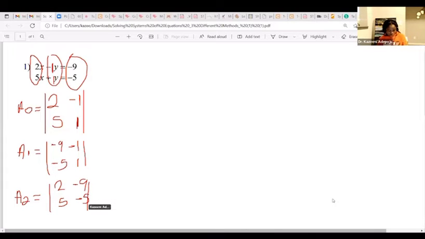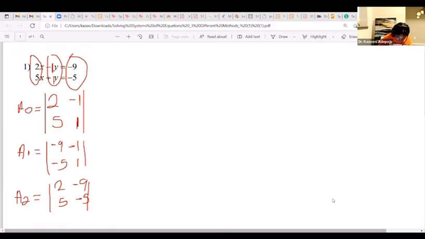So now you can see each section has its own variables. A0 has 2, 5, -1 and 1. A1 has -9, -5, -1 and 1. And then A2 has 2, 5, -9 and -5. So that's how to get started using Cramer's rule. Now let's go to the next step.